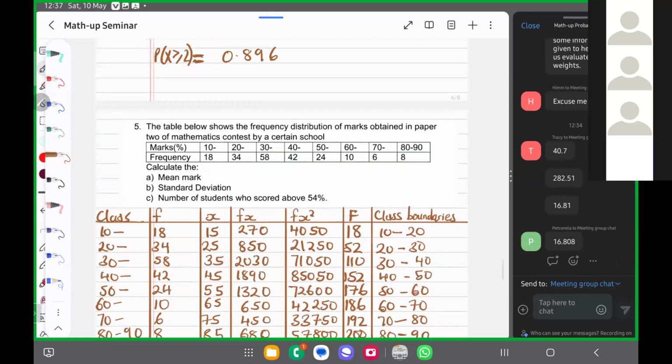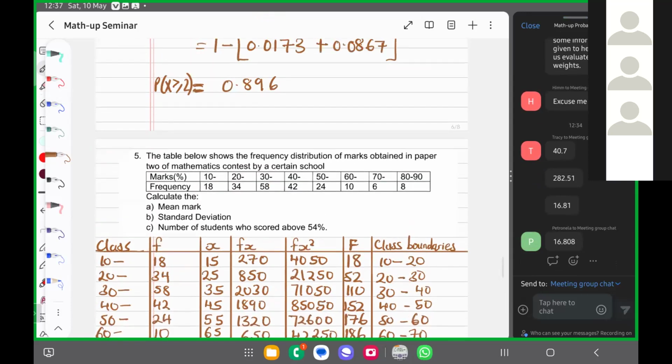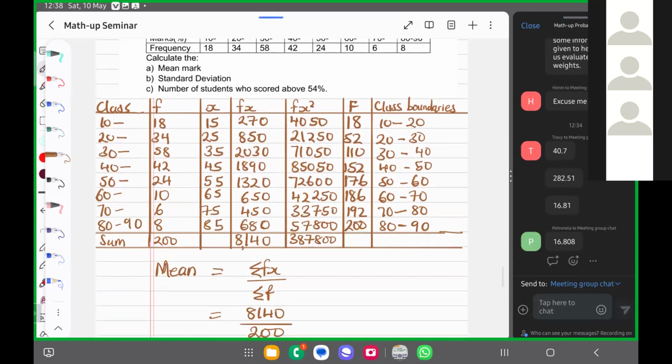Then we were asked to find the number of students that scored above 54%. Now, it's usually easier to get this on an ogive, the cumulative frequency curve, but this time we've not been told to draw one, so we can use the linear interpolation method.